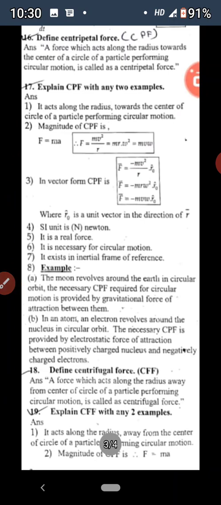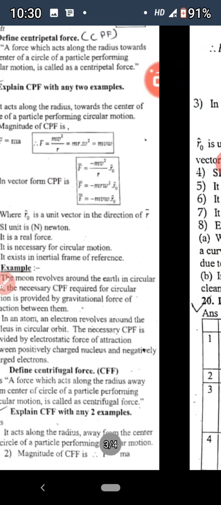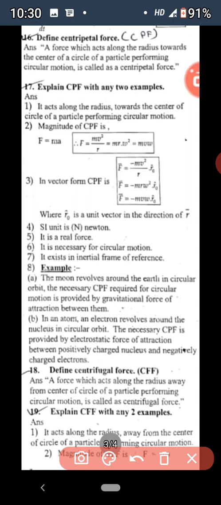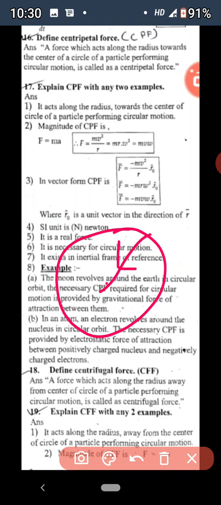Now, when any particle is performing circular motion, there is an acceleration which is always directed towards the center. Suppose this is the circular motion and here is the center, then the acceleration is directed towards the center, which we call centripetal acceleration, a r, whose expression we have seen yesterday.